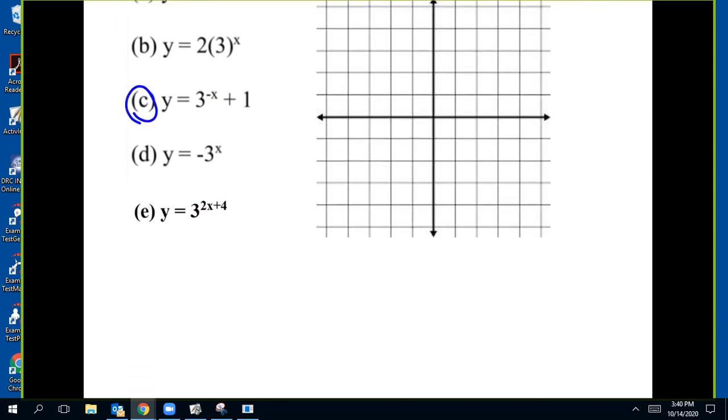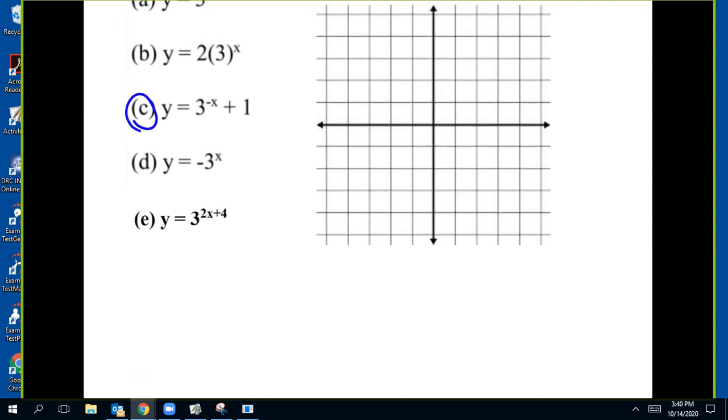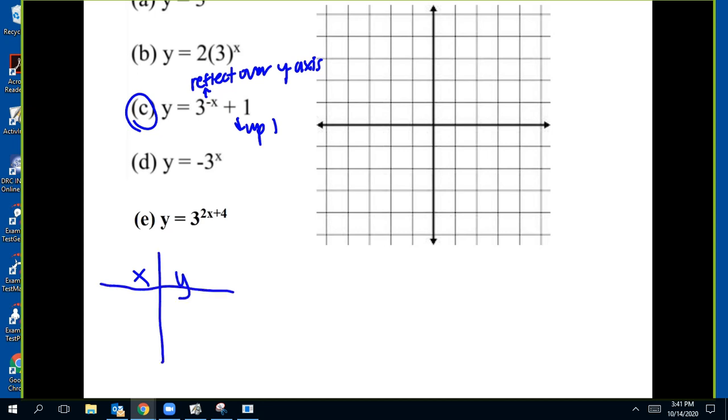And so what we'll do is we'll just make the table. Well, let's first identify the transformations. This is a reflect over the y-axis. Remember, y on the inside and then up 1. So I'll make our table 0, 1, 1, B. The B this time is 3.